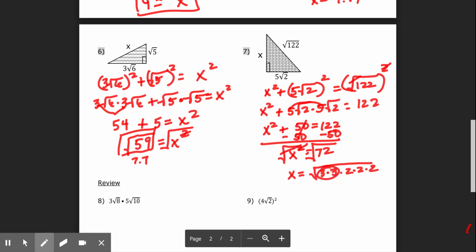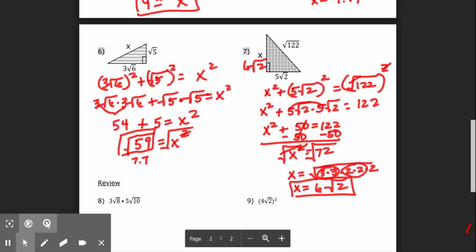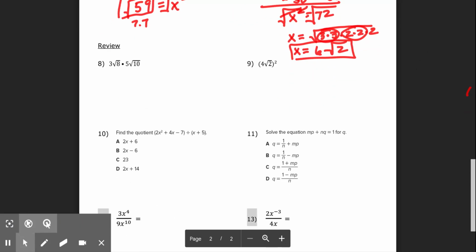So I have a pair of 3's and a pair of 2's. So that'll be 3 times 2, which is 6 square roots of 2. So x is going to be 6 square roots of 2. All right, there's a review.